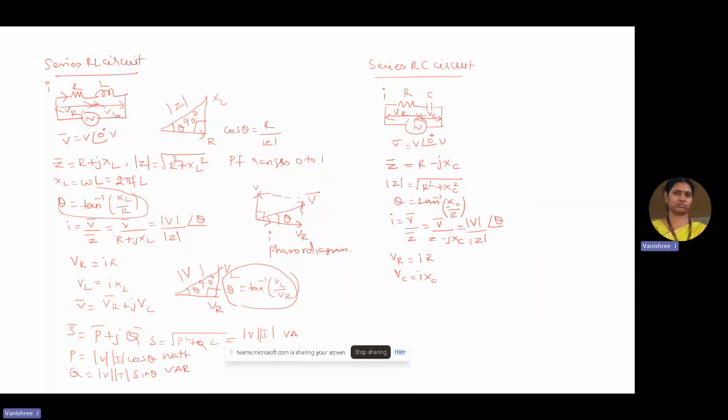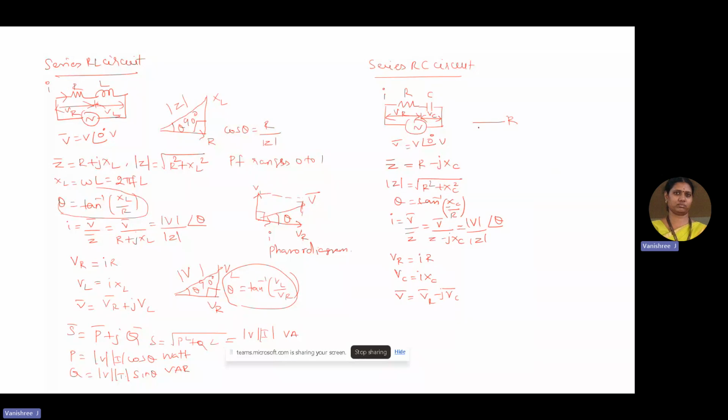Once we determine the values of VR and VC, we can get the value of V as VR minus JVC. As we constructed the impedance triangle and the voltage triangle for the previous case, similarly we can construct the impedance triangle here.